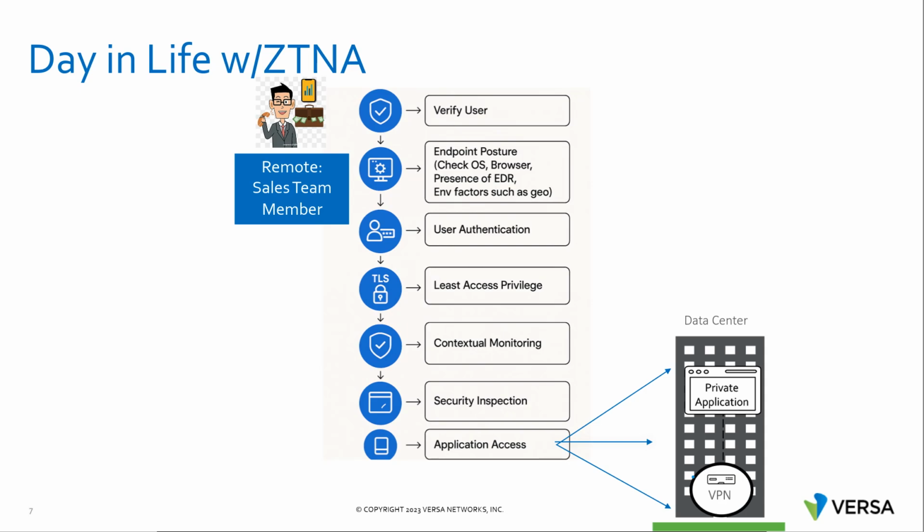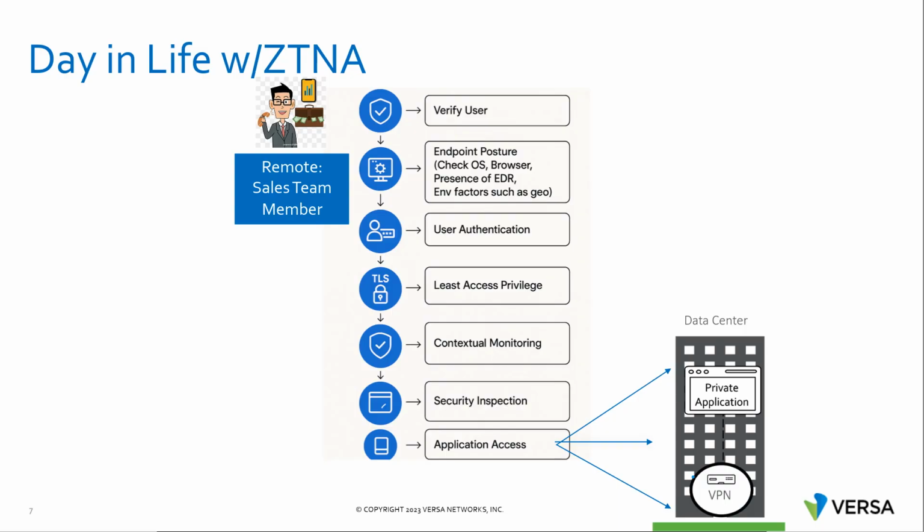The browser? Is there an EDR present, taking care of any type of local threat which can propagate inside, where the person is coming from, all that. Then user authentication happens. And instead of giving access to the entire environment, what you get is least privilege access just to that application, nothing else.